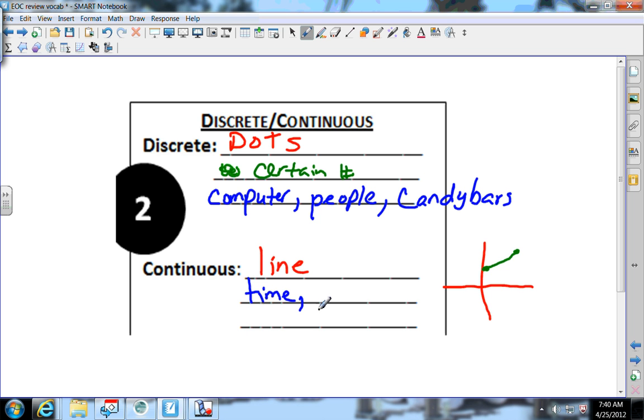Another one besides time is what? Distance. Yes. I want to go to Disney World. I can't poof show up. That would be awesome. Speed. You can't just go from 0 to 60. You have to gradually get there.